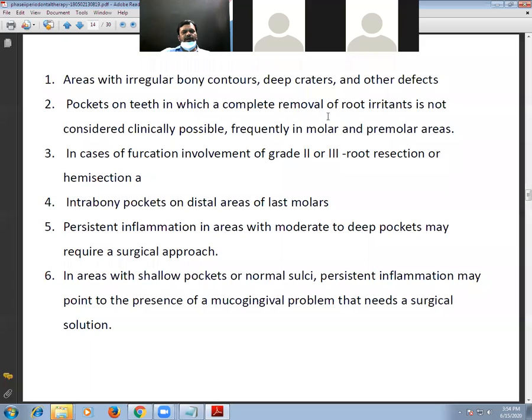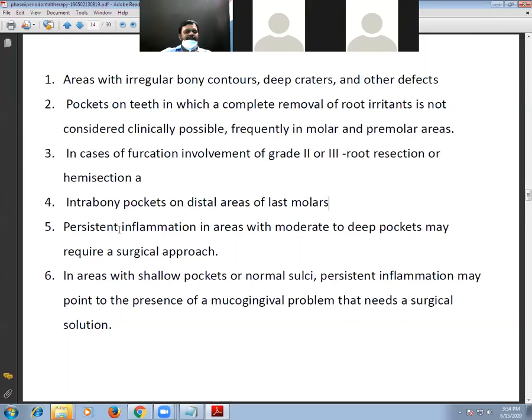So to have complete access to the root surface, these patients are indicated for surgery, frequently in molar and premolar areas, because these teeth have more inaccessible areas. In case of furcation involvement of grade 2 and grade 3, we usually perform root resection. Then comes intrabony pockets on the distal surfaces of the last molar. We perform distal molar surgeries for these teeth whenever there are intrabony pockets on the distal area of the last molar.